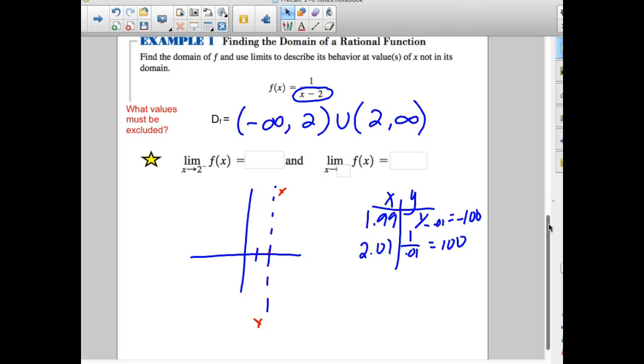Okay, so as we approach 2 from the left side, we are heading towards negative infinity. Our numbers are getting very large in a negative direction. As we approach 2 from the right-hand side, like this 2.01, our numbers are large and positive. So we're heading towards positive infinity.